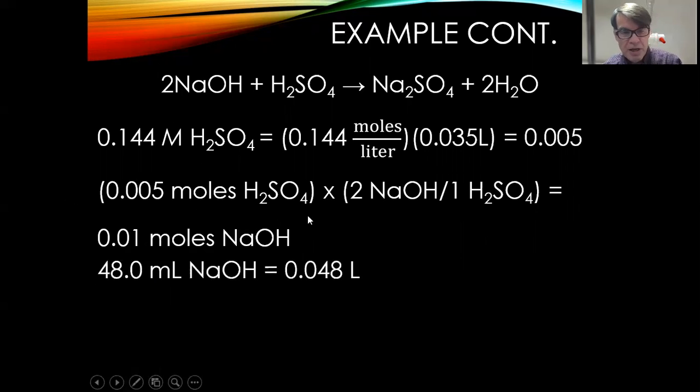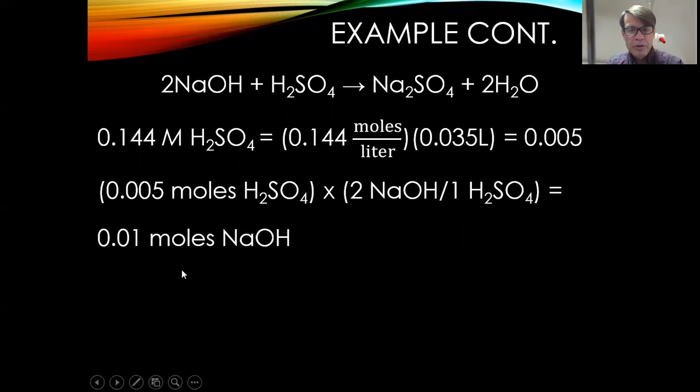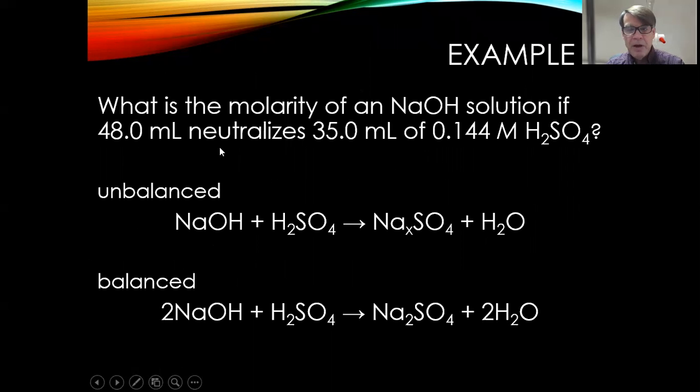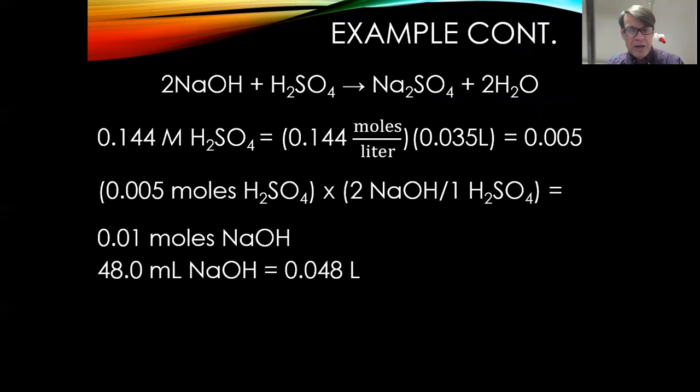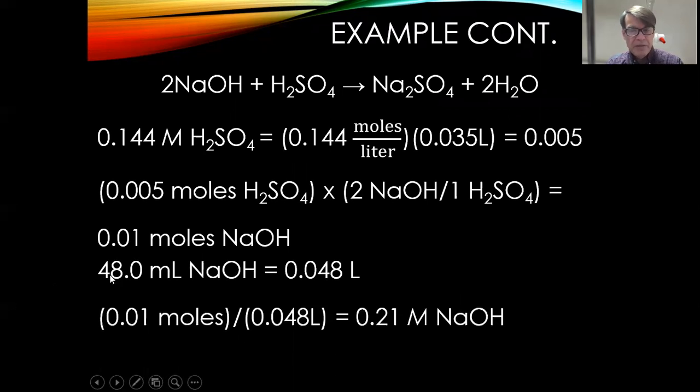Now we're very close to the end, because I was told back here how much it takes: it takes 48 milliliters of sodium hydroxide to neutralize the sulfuric acid. So we basically divide the moles by the liters to get the molarity.